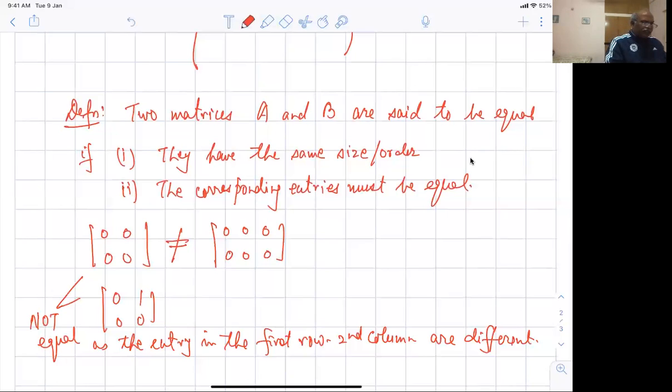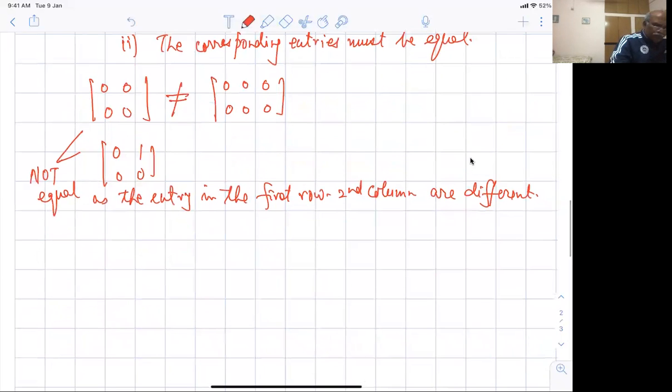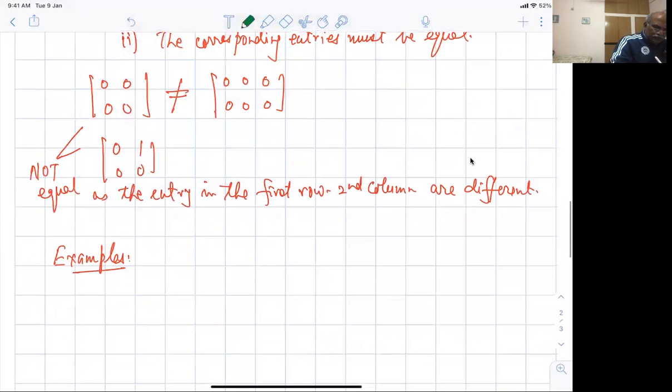Fine. Let's take some examples of some special matrices now. So the first example is that of a zero matrix. Generally I write just 0, but since we are looking at the initial part, if I write 0 of 1 cross 1, it's just 0 here.